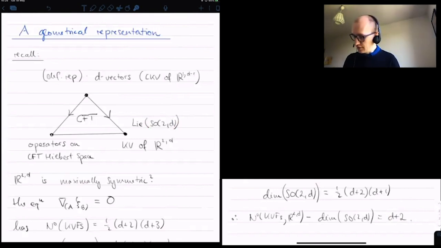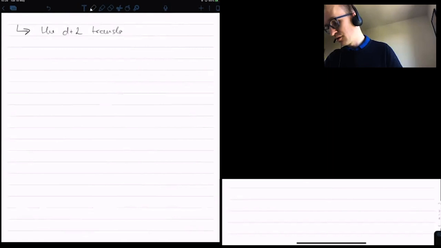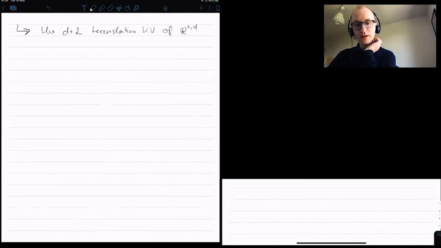And a vector in d+2 dimensions has d+2 entries. So what we have here is that the missing isometries are just the d+2 translation Killing vectors of R^{2,d}.